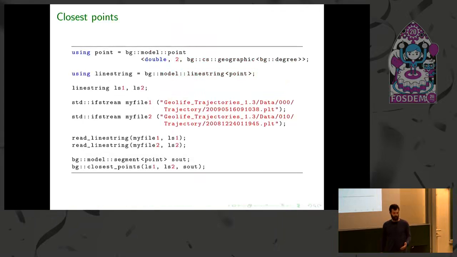I can also compute the closest points between the two trajectories. On one trajectory and the other trajectory, what are the two points that are closest between those two? This will give me the shortest distance, but the computation is a bit different. I can call this closest point algorithm. This is not in Boost Geometry; it will be a pull request on this, so you cannot use it right now.